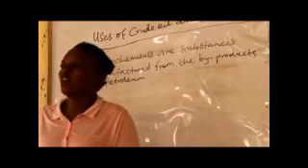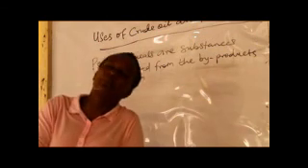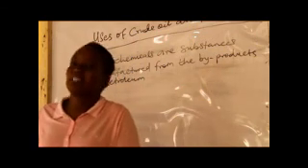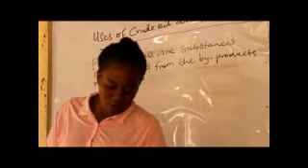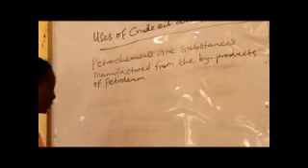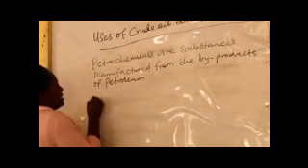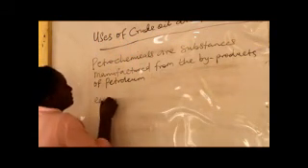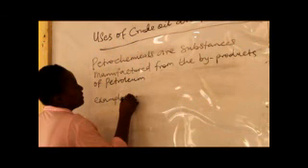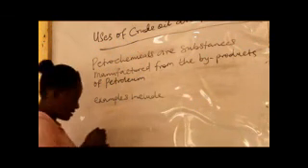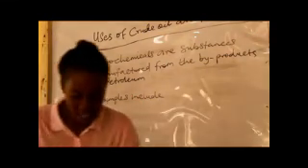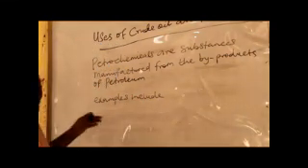Many chemical industries use the byproducts of crude oil as their raw materials. Examples include ethanol. I'll just give you a few examples to close for the day.